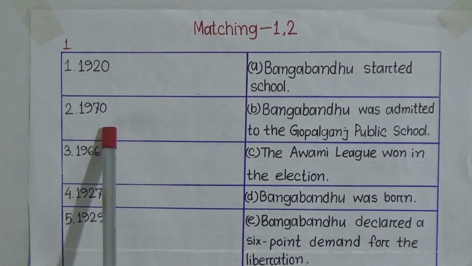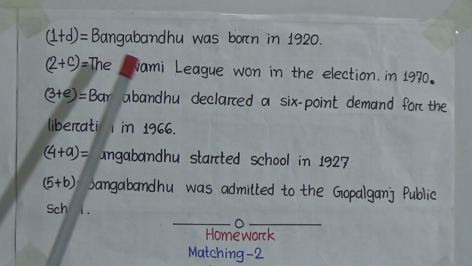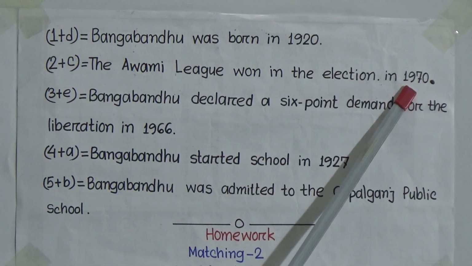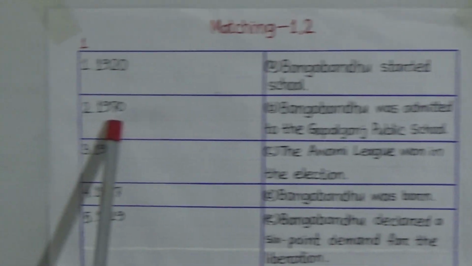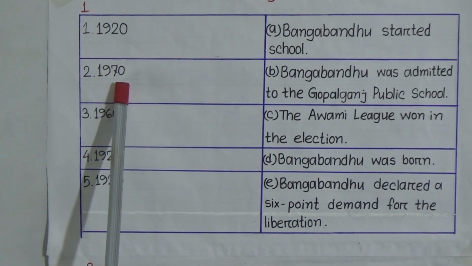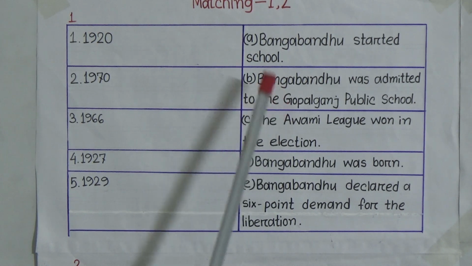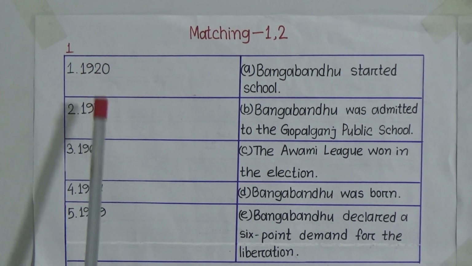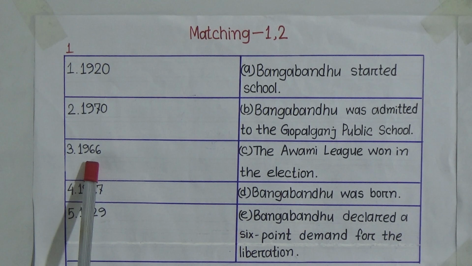So we have to write the sequence 2 plus C. Repeating again, 2 plus C and the sentence will be the Awami League won in the election in 1970. We can't write the year first because a sentence starts with subject, verb and object. So first we have to write the subject, that means we have to write from the other side, and then we have to include the year.